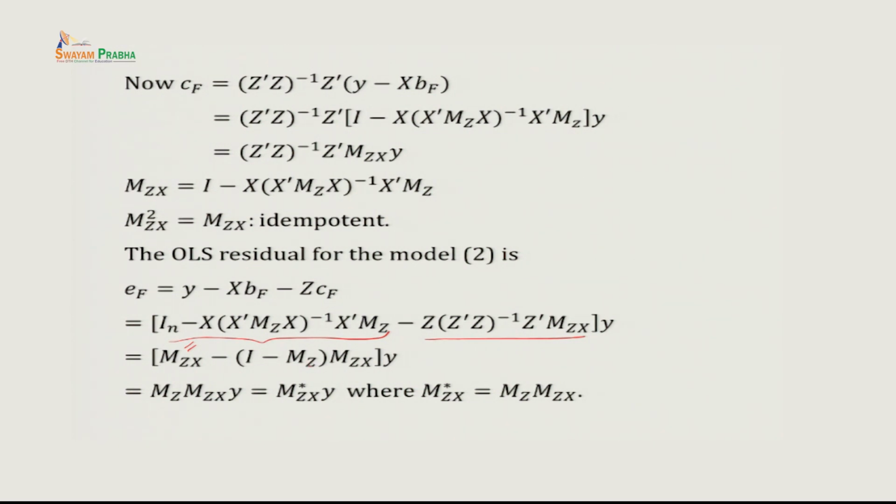Actually, I minus M_Z is equal to Z (Z'Z) inverse Z'. So we have replaced this Z (Z'Z) inverse Z' by I minus M_Z. So finally, you get M_Z X y, and we write it equal to M*_ZX y, where M*_ZX is equal to M_Z X.